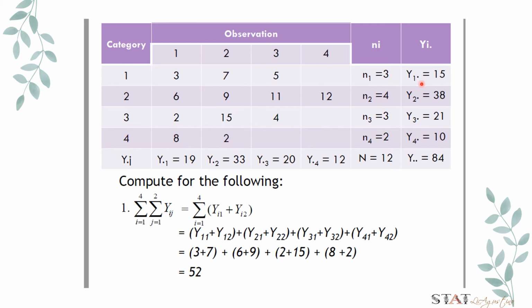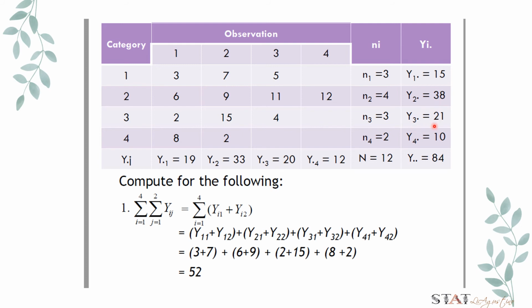So what is this category total that we have mentioned? As you can observe, the 1 is fixed, meaning the first digit in the subscript is category 1. So y1 dot is equal to 15 because 3 plus 7 plus 5 is equal to 15. And then y2 dot is equal to 38 because 6 plus 9 plus 11 plus 12 is equal to 38. Also y3 dot is equal to 21.